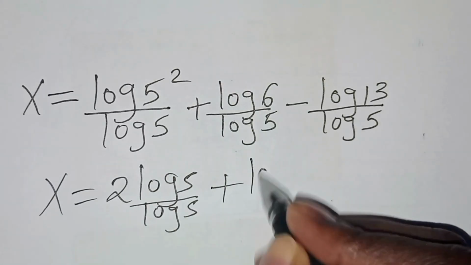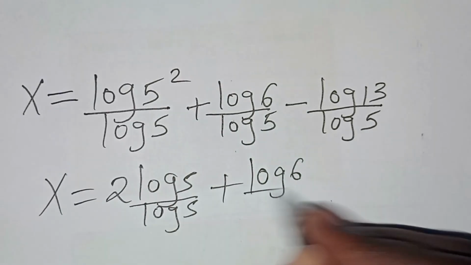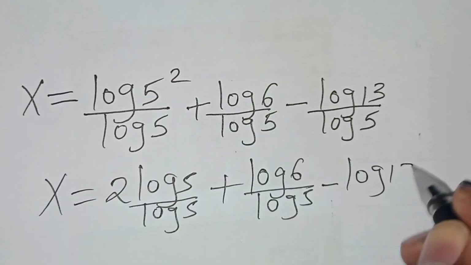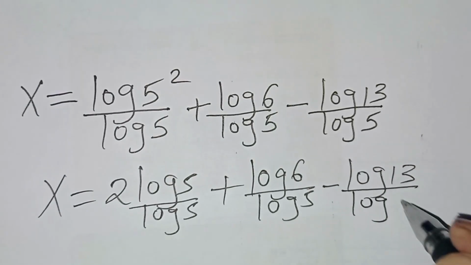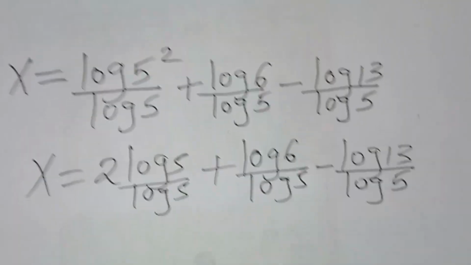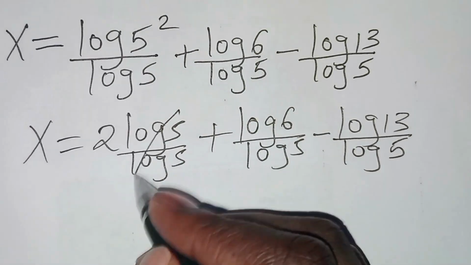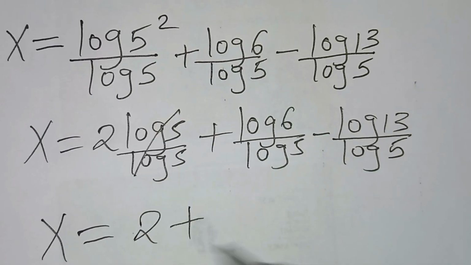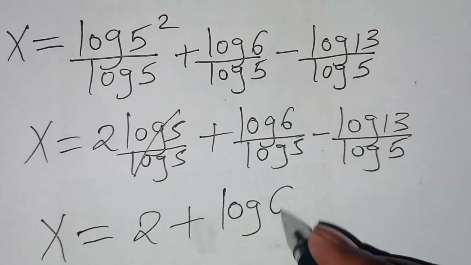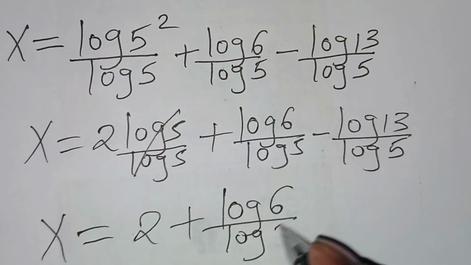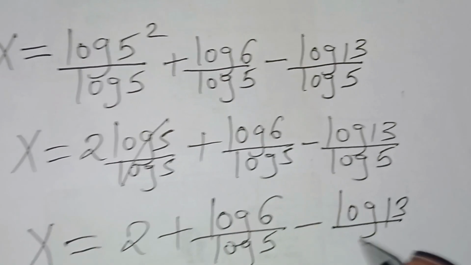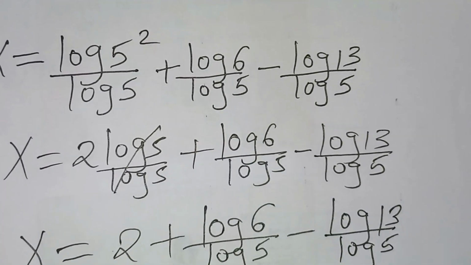We have here log 6 divided by log 5 subtract log 13 divided by log 5. So the next step here, we simplify log 5 and log 5 so that x is equal to 2 plus log 6 divided by log 5, then subtract log 13 divided by log 5.